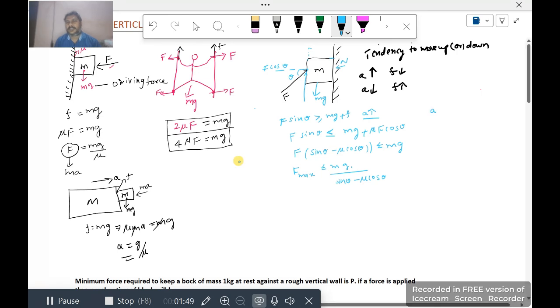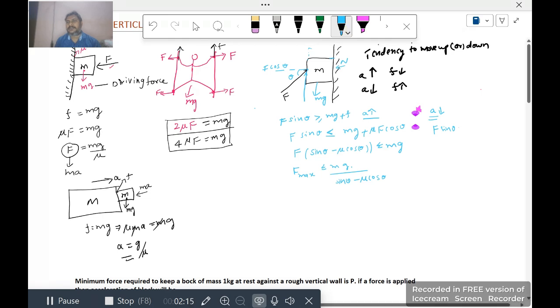Similarly, now let the tendency be to move downwards. In that case, F sin theta means mg minus F sin theta.